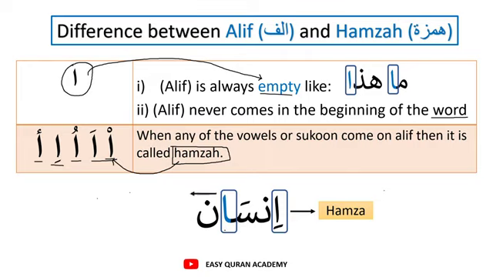And why is this alif? Because it is empty, perfect. It does not have any vowel sign on that. So that's the basic difference between alif and Hamza. And in this word we have both of them, Hamza and alif together.